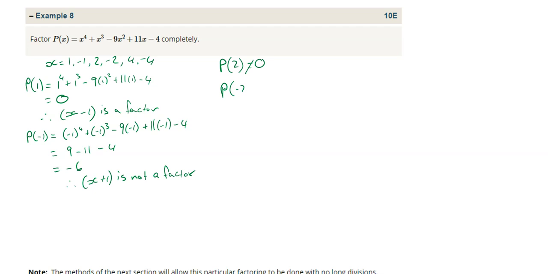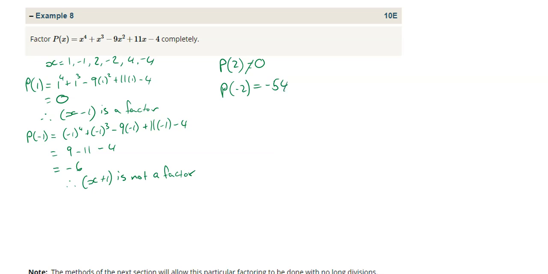What about p of -2? 2 to the 2 power. Oh, come on.